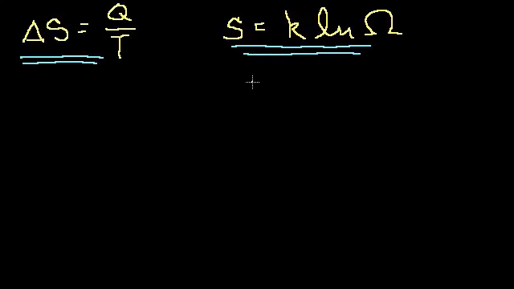So given that we've seen these two definitions, it's a good time to introduce you to the second law of thermodynamics. Second law. And it's a pretty simple law, but it explains a whole range of phenomena.